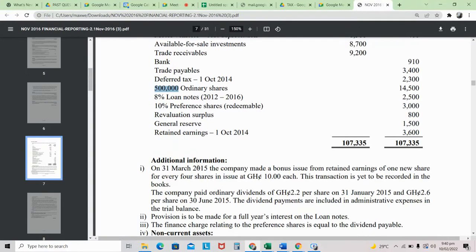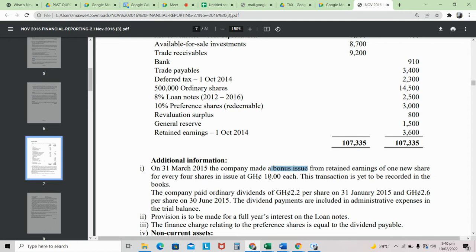Then on 31st March, the company made a bonus issue from retained earnings of one new share for every four shares in issue at 10 Ghana cedis each.